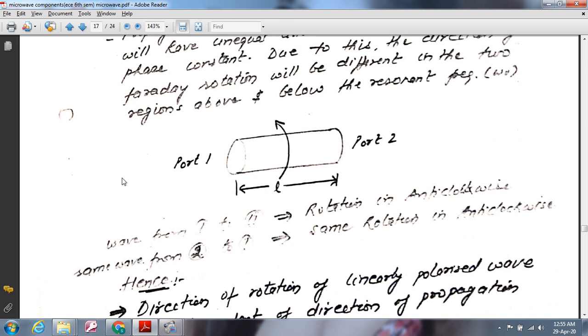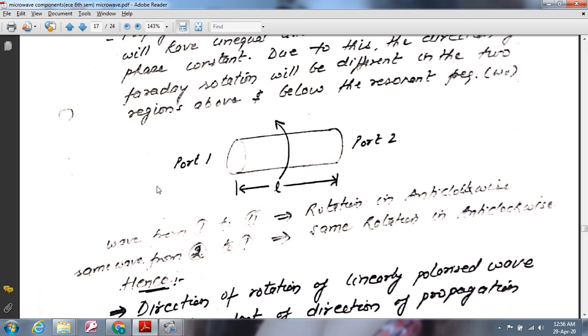If the wave is incident from port 1 to port 2 and it rotates in the anticlockwise direction, then if the same wave is transmitted from port 2 towards port 1, irrespective of the direction of propagation, the wave again rotates in the anticlockwise direction.